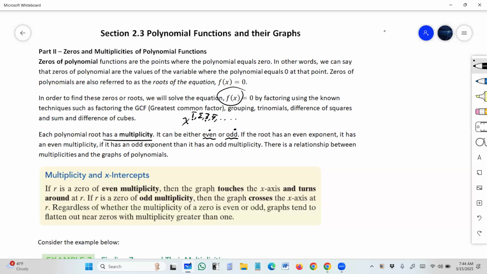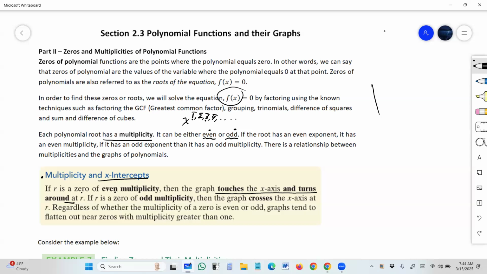Well, here is the multiplicity of the roots, right? So if the zero has an even multiplicity, then the graph is going to touch the x-axis and turn around or bounce.